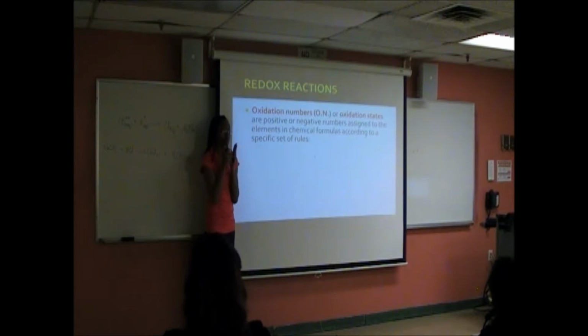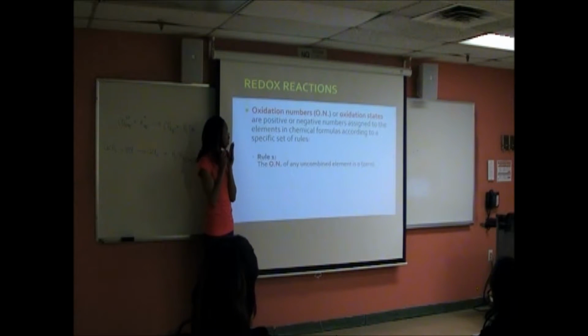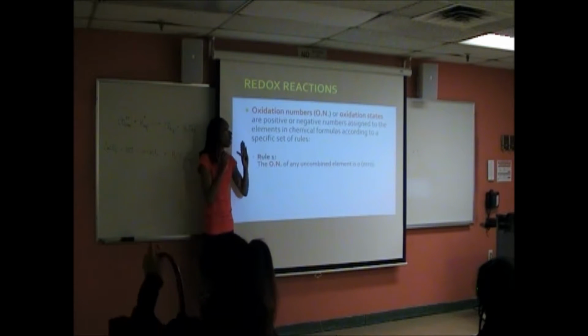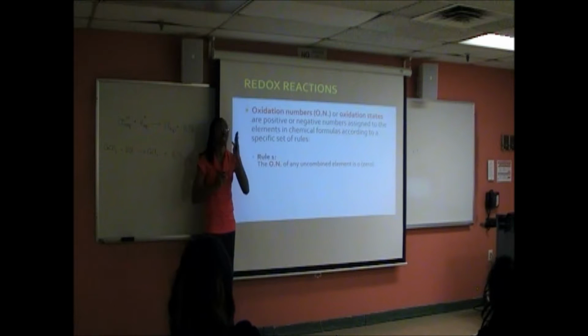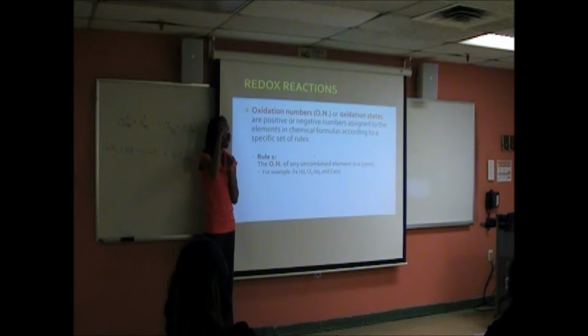Rule number 1. Any uncombined element has an oxidation number of 0. What does that mean? Elements in the elemental form, the elemental state.